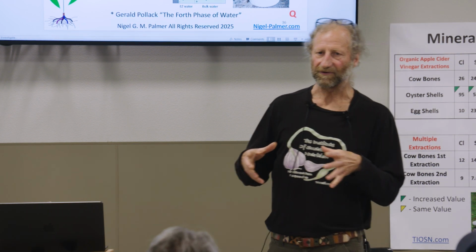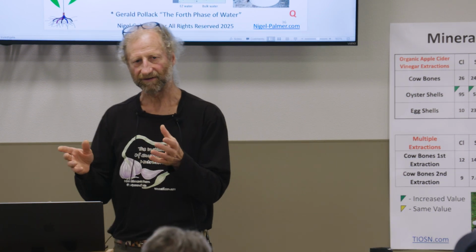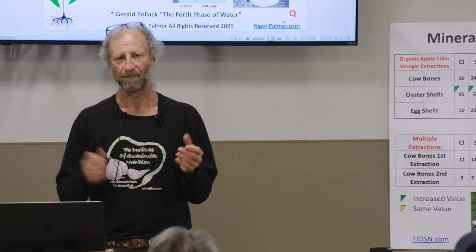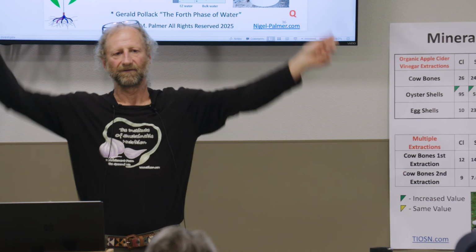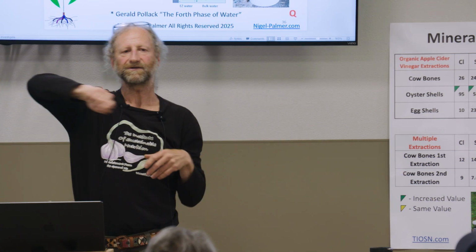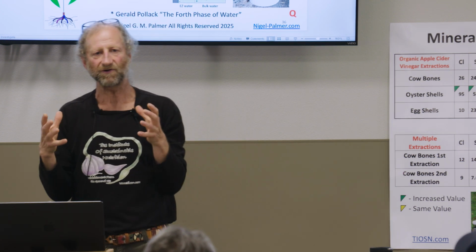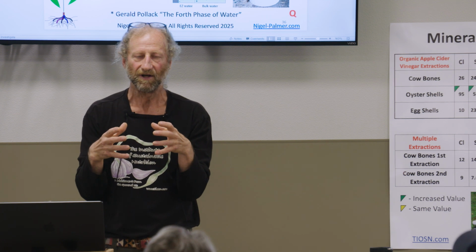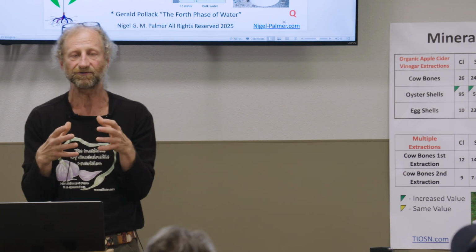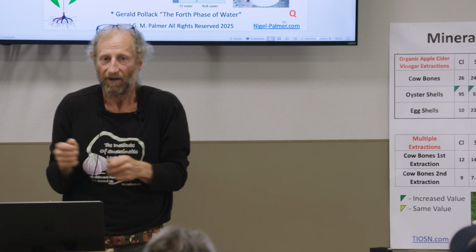The molecules in that bucket of water, when it was just sitting there, are random. They're going all over the place. Bing, gada bang, gada bang. When I stir it and I create this fourth phase of water, it's a structure. It's in that crystal structure. So the molecules that are on that crystal structure, they're not doing this anymore. They're doing this.